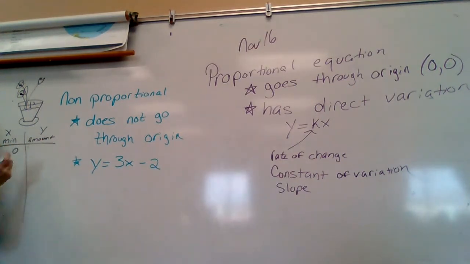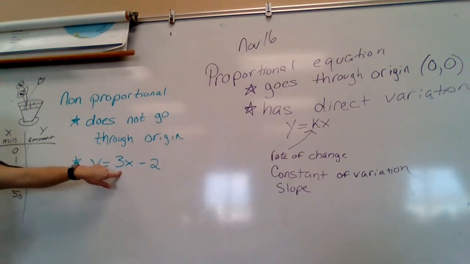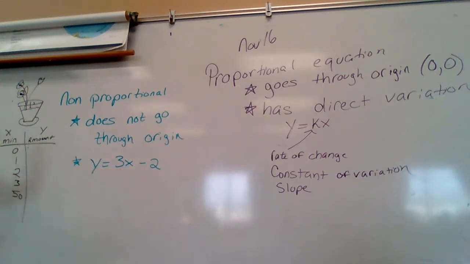So we would put unknown numbers in here. If it's been snowing 0 minutes, then it's at -2. If it's been snowing for 1 minute, it's at 1. Wouldn't that actually just be 1?